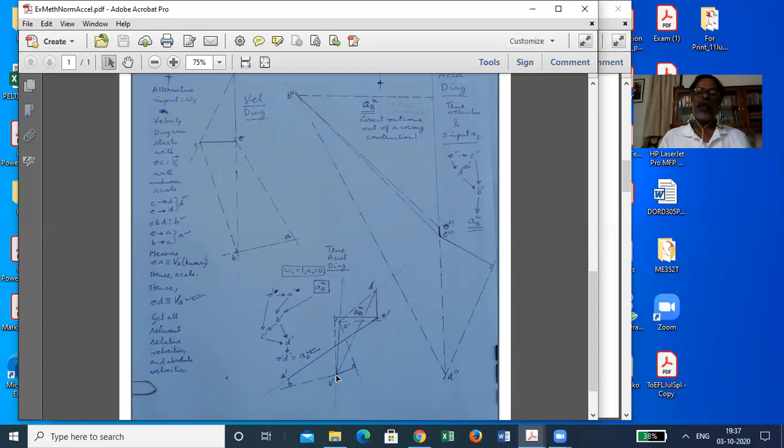Fine. Now from B towards C, you start. For the relative acceleration, you know that normal component. Draw that, and then the tangential component you don't know. And for C also, the normal component of absolute acceleration you know from C towards O5, velocity of C whole square divided by O5C. So that you draw now here.